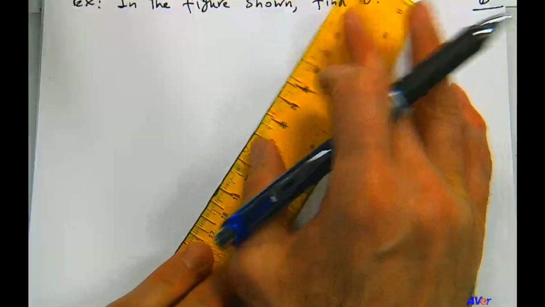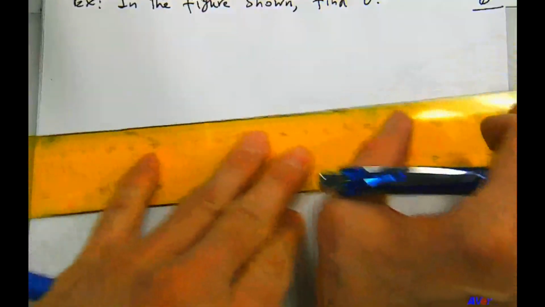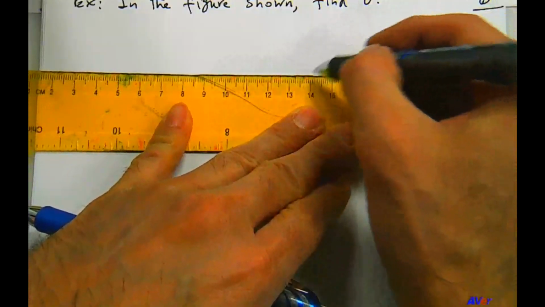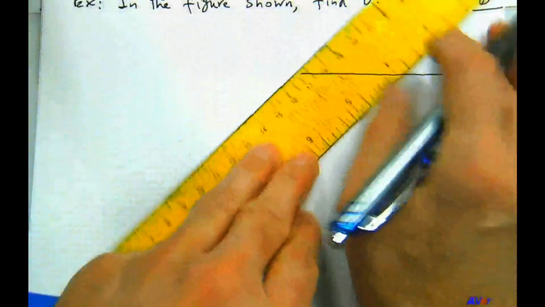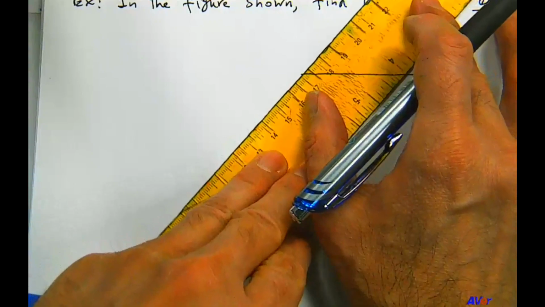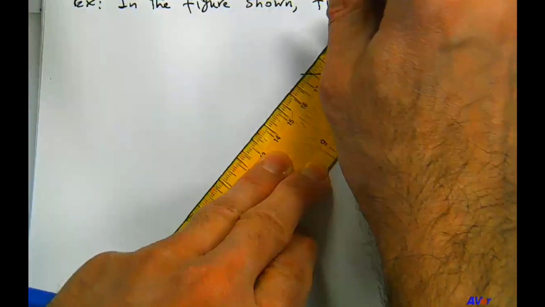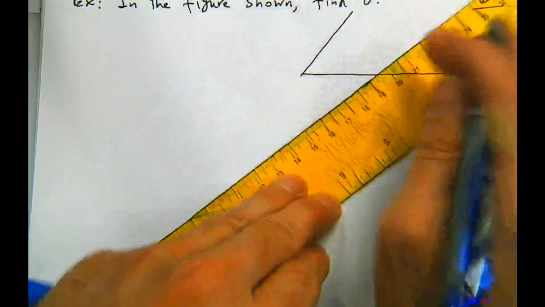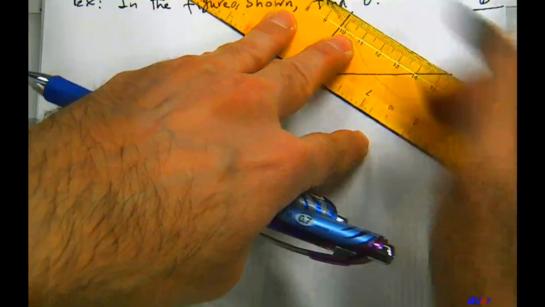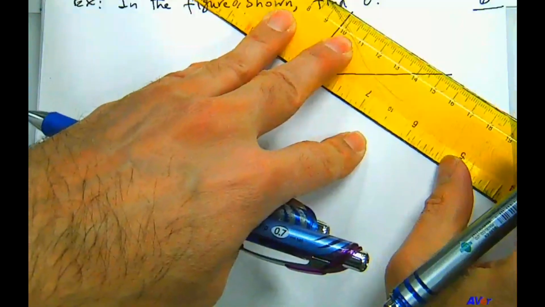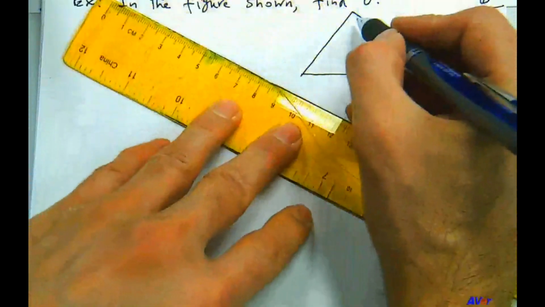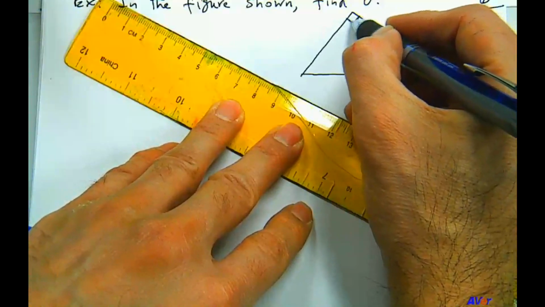So we have some base like this, and then we have a side like this. And then I want to draw this. So this should be a right triangle for this to work, right? So this is our right triangle.